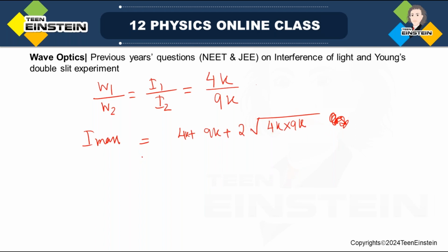Okay, so what about minimum? Minimum will be like this. So now we have to get the ratio, right?